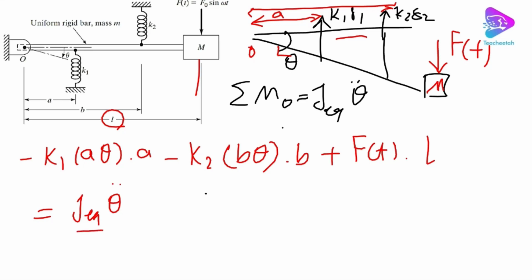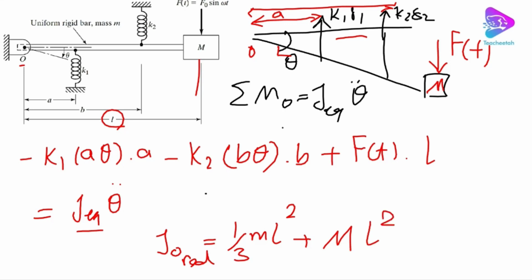For a rod, the Jo of the rod we can find from the table or formula sheet. With respect to one end, if it is pinned at one end, it is equal to 1/3 of mL squared. And for the lump mass, for any lump mass, the moment is the mass times the distance squared.